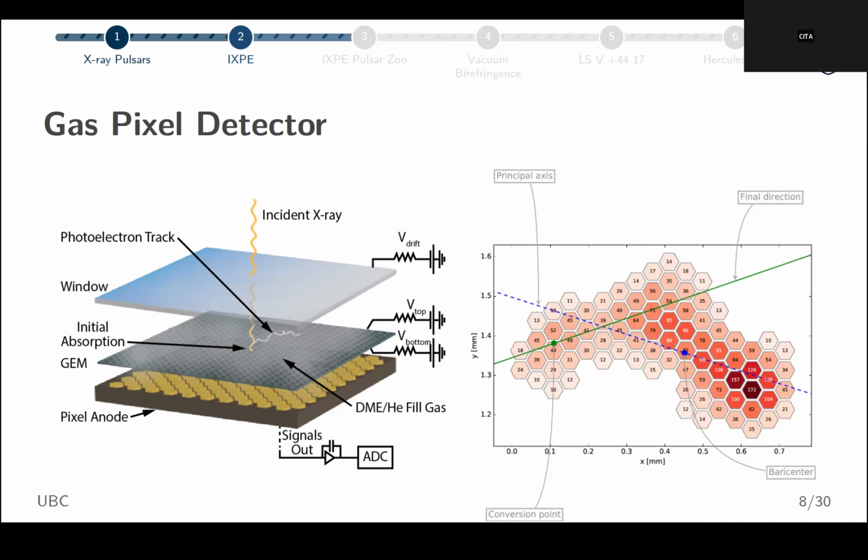Basically a photon comes in and goes into a gas here, dimethyl ether, and the photon will ionize an atom in that gas, and that electron will fly out, as we see here, right? And that electron will ionize other particles along the way as it travels, and then those charges will be collected, and there's a little bit of a voltage here.